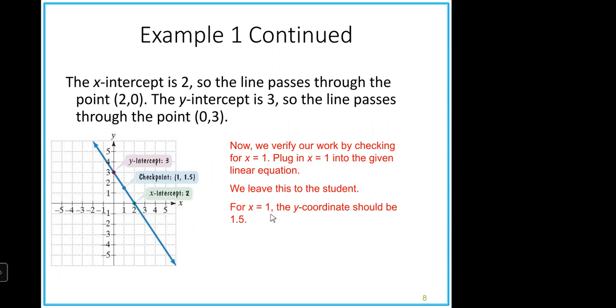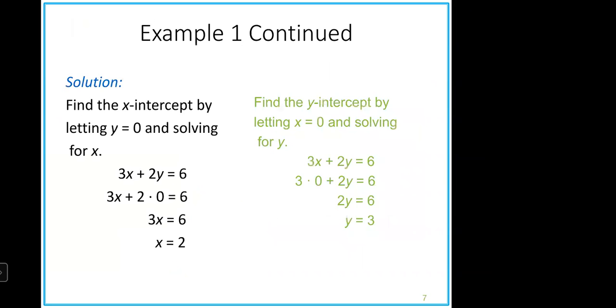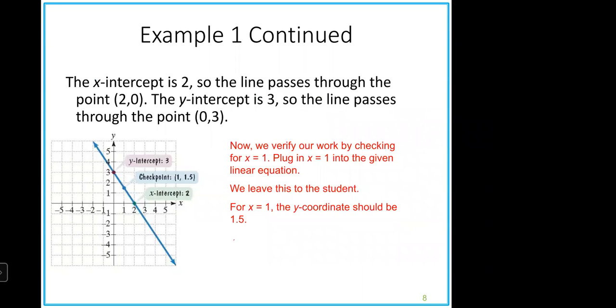So the equation we had was 3x plus 2y equals 6. Now they use 1 and 1.5, but I'm going to use one of the whole number ones. Let me use 4 and -3. At this point that I have here, let me highlight that, x is 4 and y is -3. So that's your x and y.